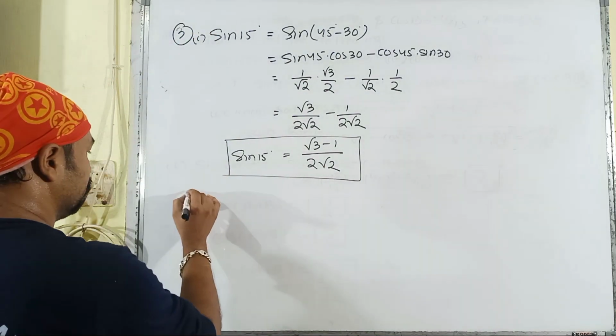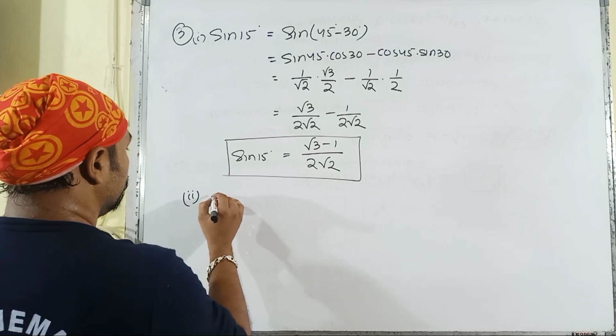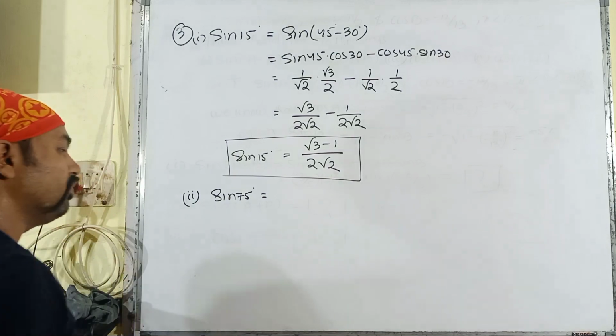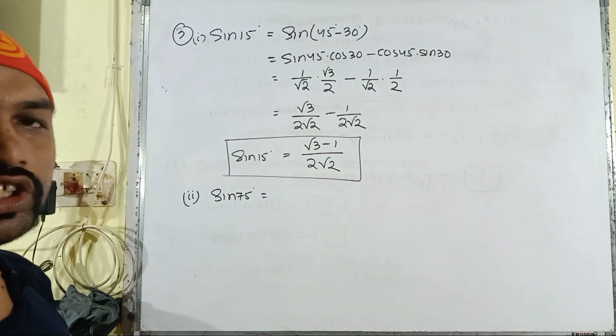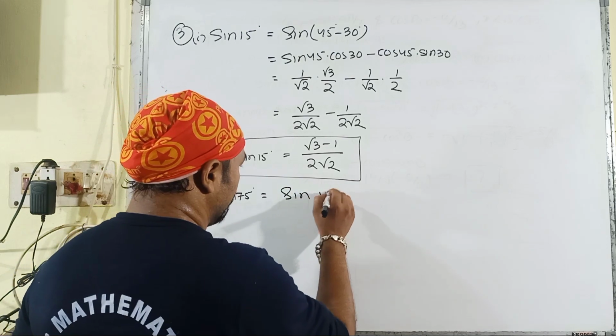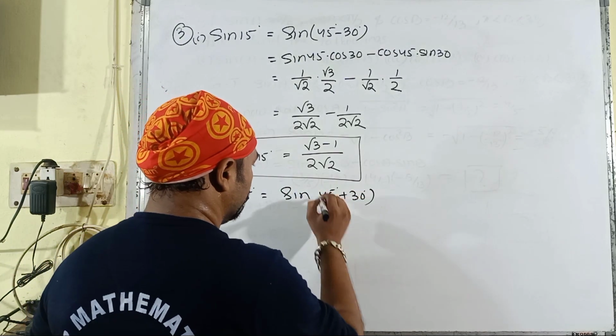Then moving towards sine 75 degree. Sine 75 degree can be evaluated by using the concept of sine (A plus B). So it will be sine (45 plus 30).